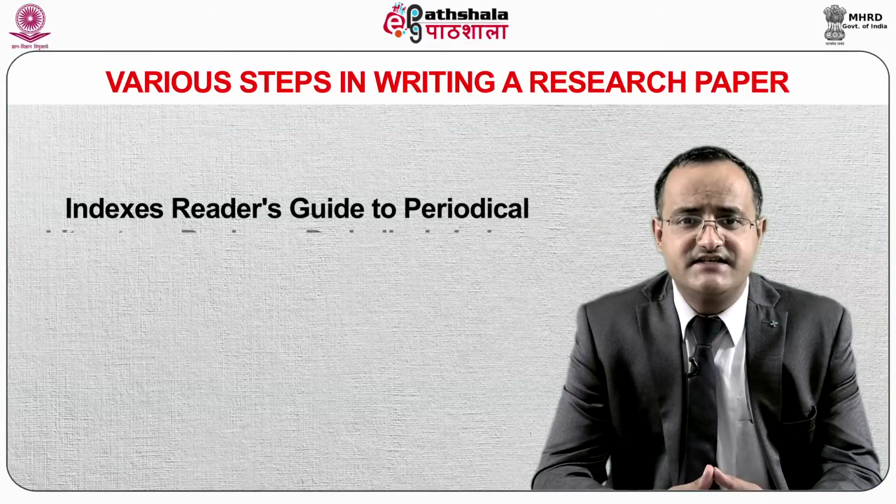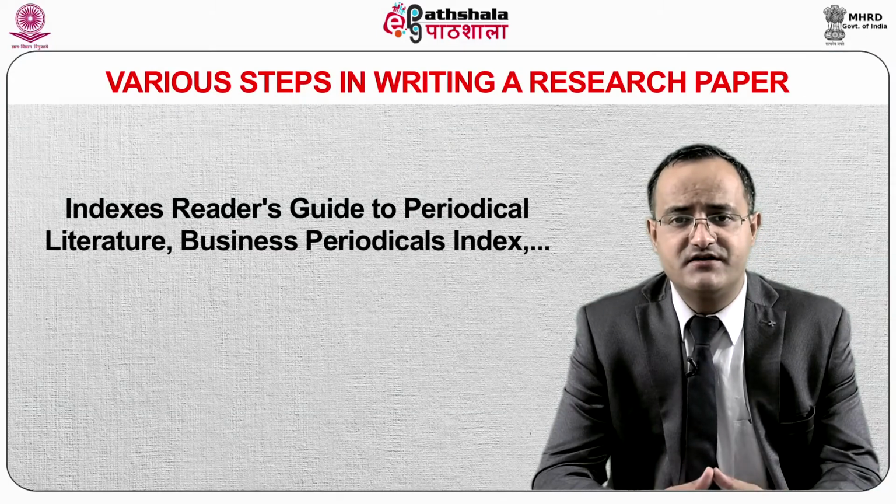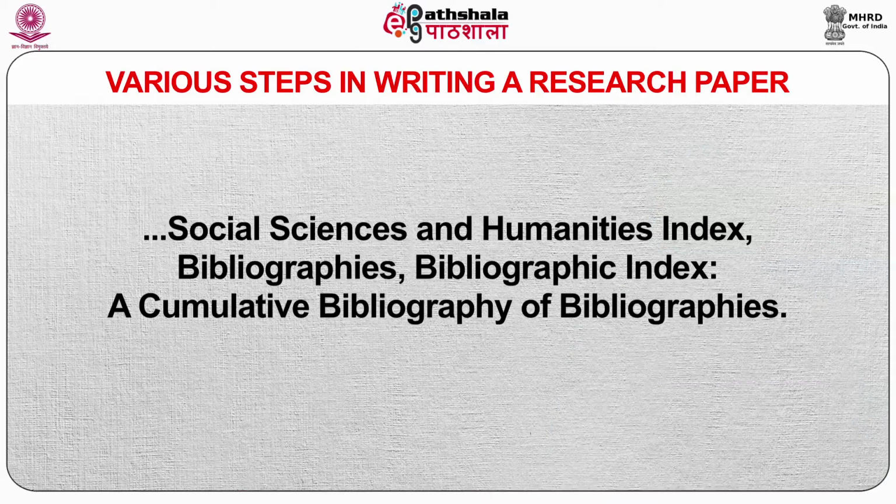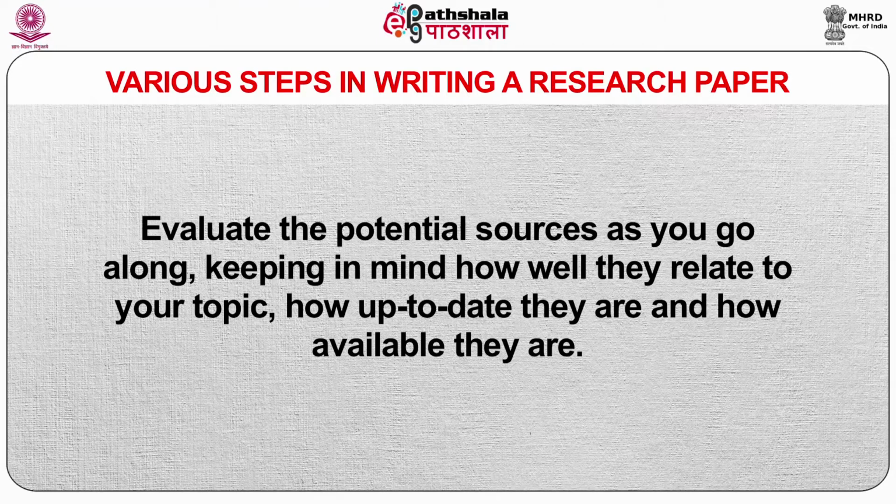In addition to the card catalog and the guides to reference books, there are other sources which will help the researcher to locate articles and books relevant to the topic, such as reference guides to indexes and abstracts, indexes, reader's guide to periodical literature, business periodical index, social sciences and humanities index, bibliographies, bibliographic index, etc. Evaluate the potential sources as you go along, keeping in mind how well they relate to the topic, how updated they are, and how available they are.